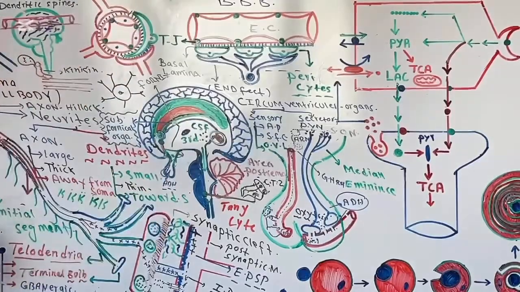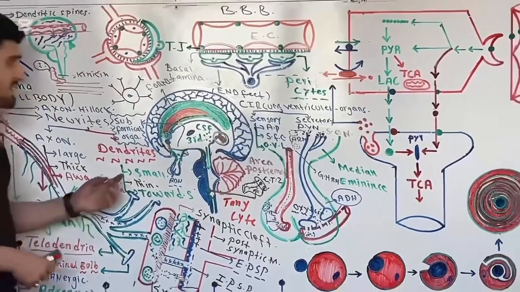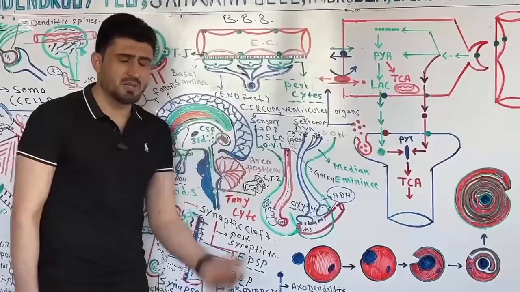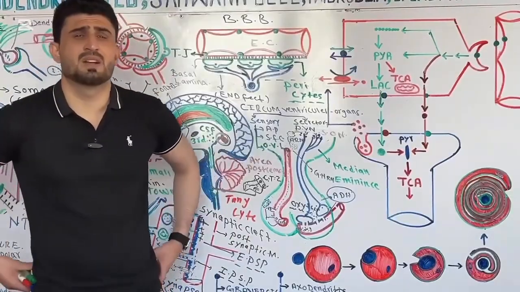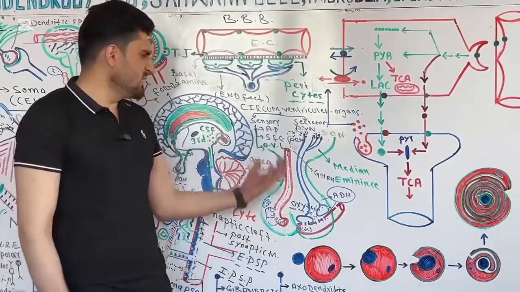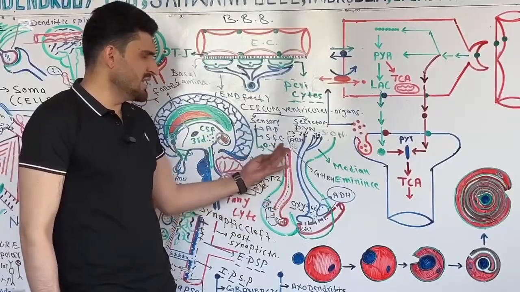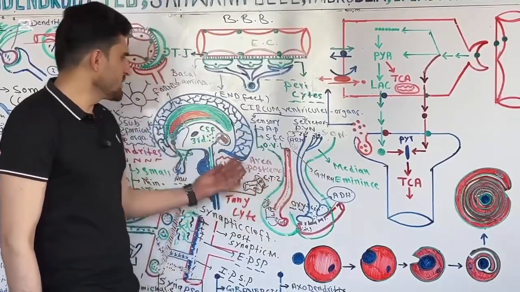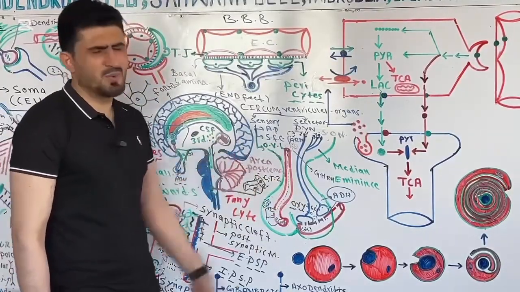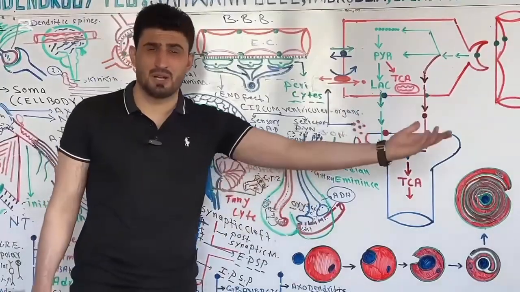The pineal gland releases the hormone melatonin, which has a role in the sleep-wake cycle. All of them, ADH, oxytocin, angiotensin 2, and melatonin, we'll talk about in endocrinology.